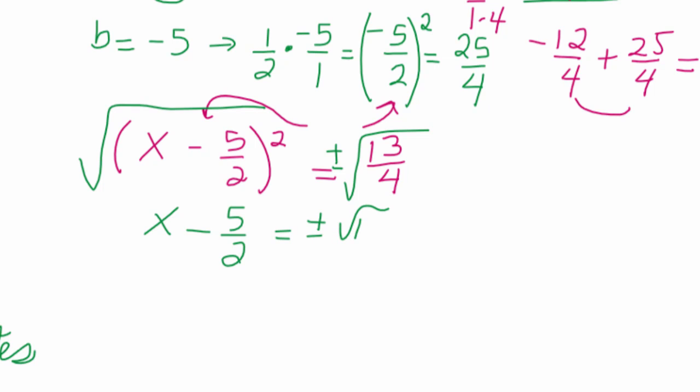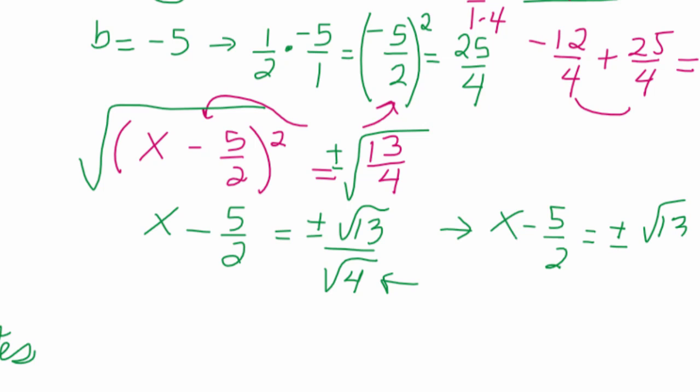I'm going to take square root of 13 over square root of 4. Do you see why I did that? Because square root of 4 is a perfect square. So let's rewrite: x minus 5/2 equals plus or minus square root of 13 over 2.